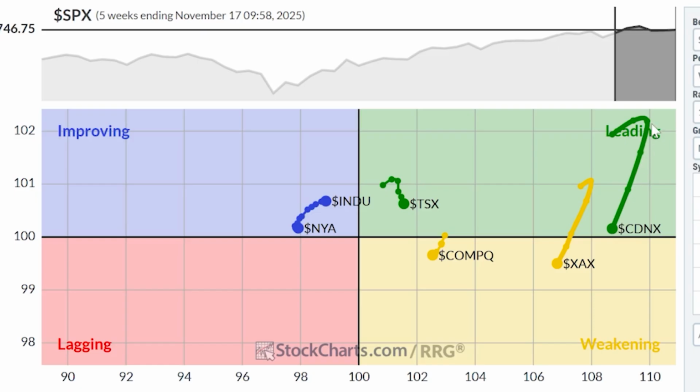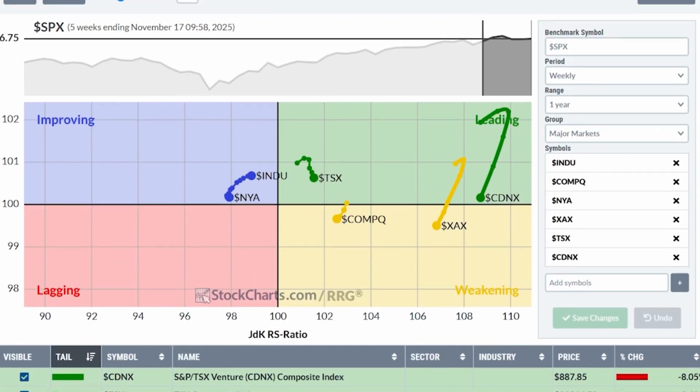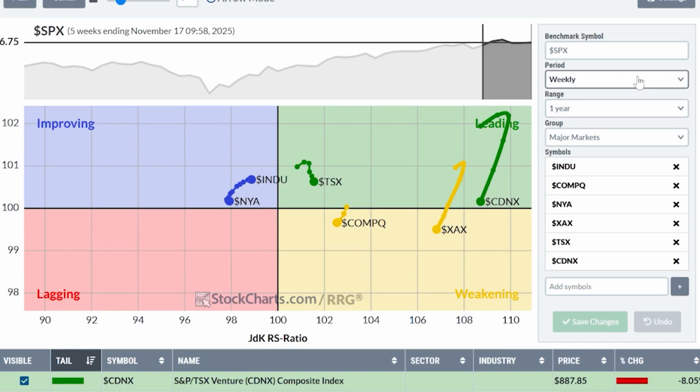Kind of up and right is the most momentum and accelerating momentum. And you can see it starts here and momentum's getting stronger, but then as time goes on, the momentum's starting to weaken and it's decelerating. So this is a really cool chart for finding momentum plays in the market. It's really customizable based on different look back periods, different time frames, and different sectors or groups of stocks.